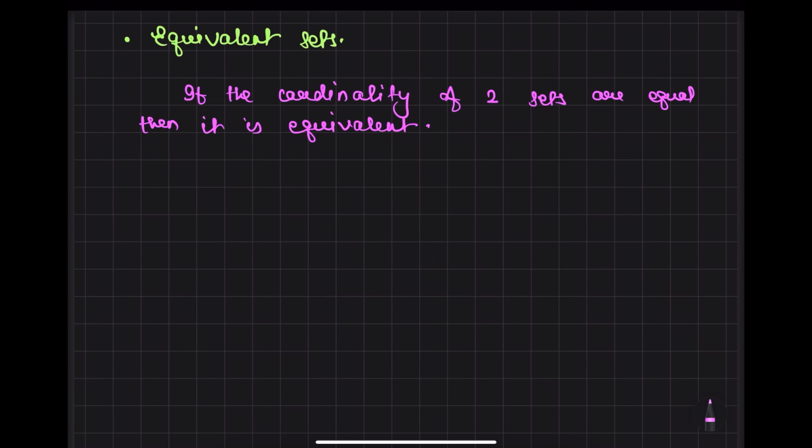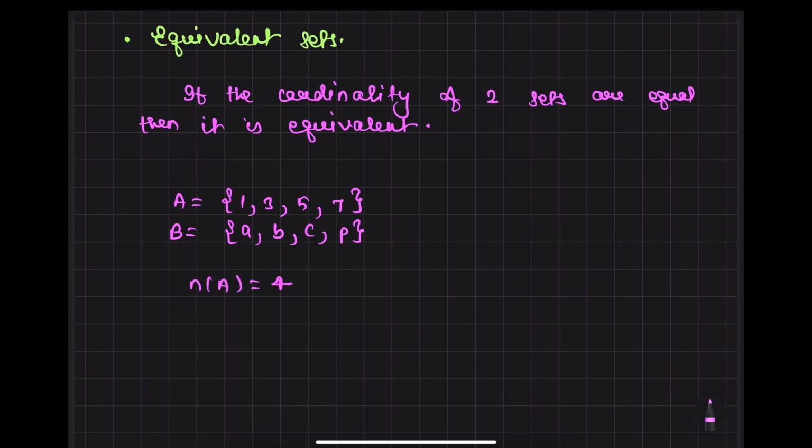Suppose that in set A we have 1 3 5 7. In set B we have A B C P. You know that set A and set B are not at all equal, but the cardinality, n of A, is 4.